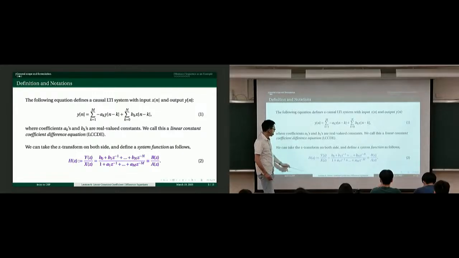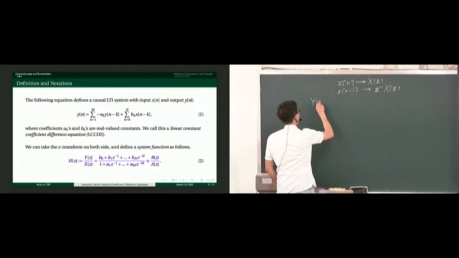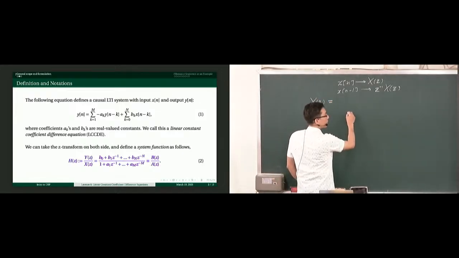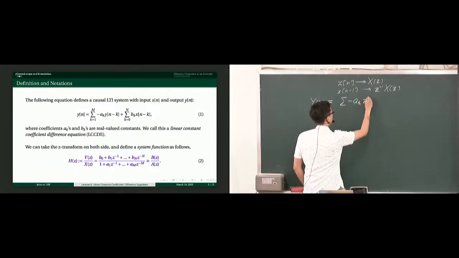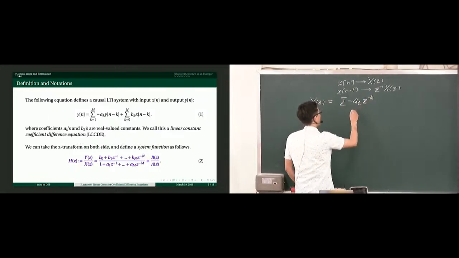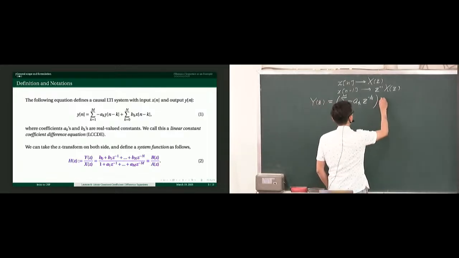You can figure out that on the left, we will have Y of z equals the summation of minus a_k times z to the minus kth power, with the k index from 1 to M. That looks like a polynomial.